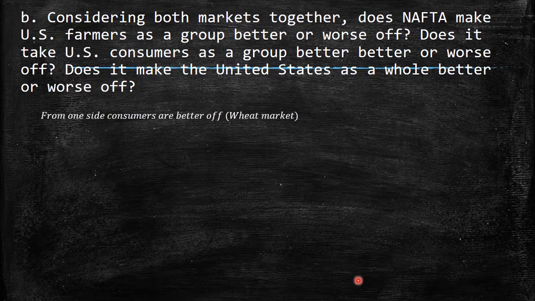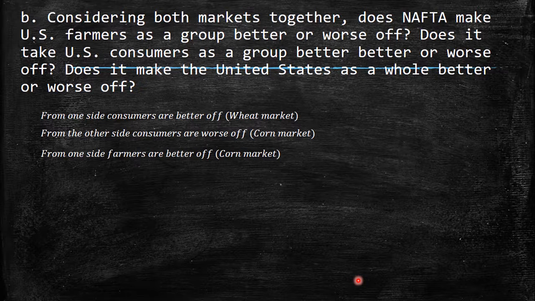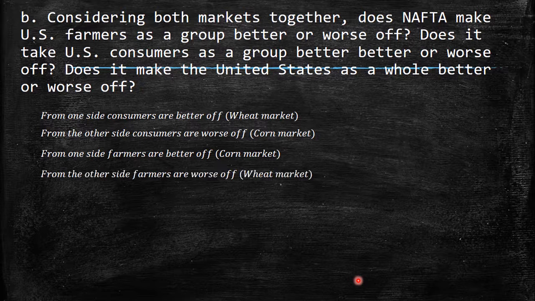So remember, from one side we have consumers who are better off in the wheat market, because they pay a lower price, and in the corn market they have to pay a higher price. From one side, farmers are better off, which is the case of the corn market, and from the other side, farmers are worse off. This is the wheat market.